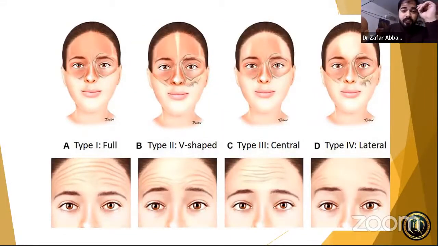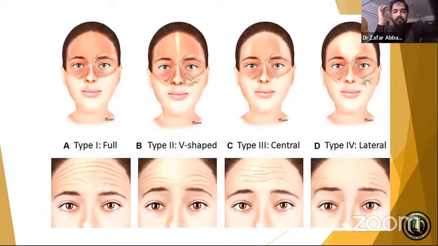Also, there is some variation in the frontalis muscle. Every patient doesn't have the same frontalis muscle. As you can see, my frontalis muscle is the same. The line is created from one side, it ends there. But sometimes a patient comes to OPD, and when you ask them to lift their frontalis muscle, sometimes there is no frontalis muscle in between, some variation.